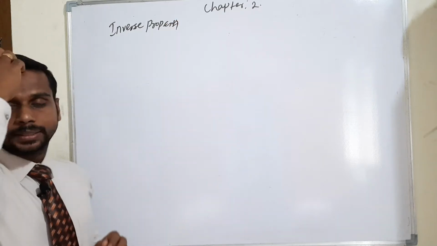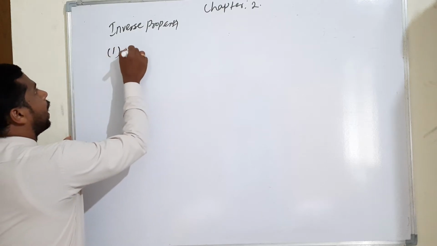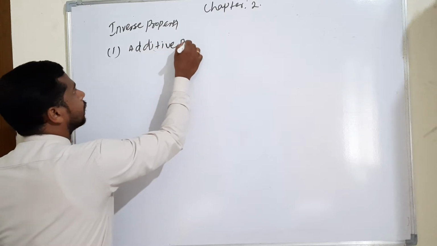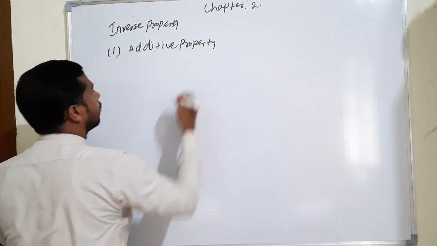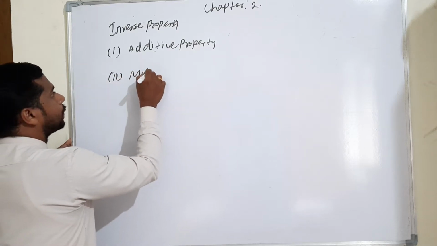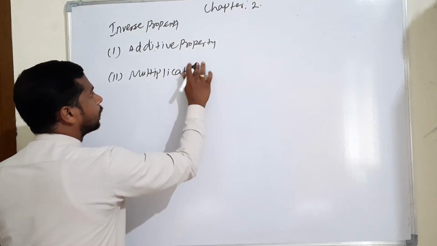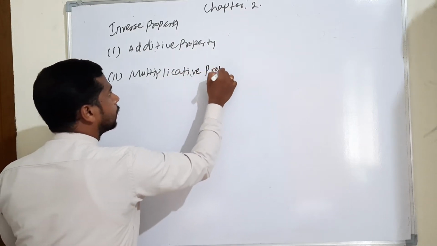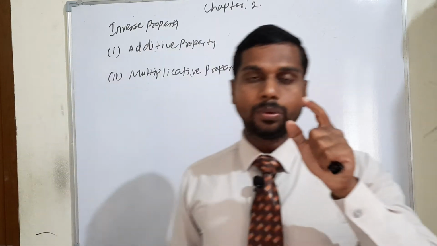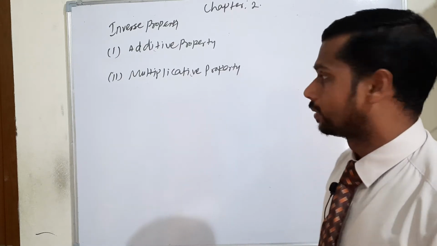Under addition, that is called the additive inverse. Under multiplication, that is called the multiplicative inverse. What is the difference? Identity property we have already discussed.